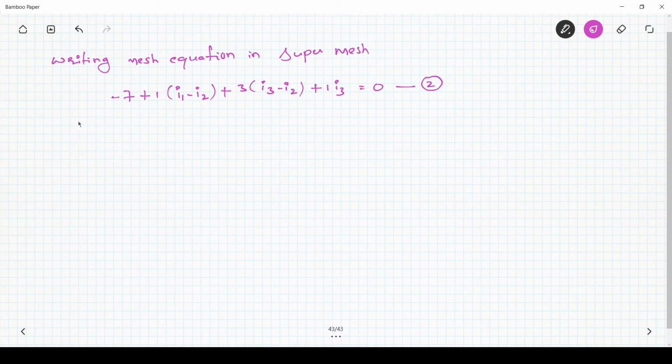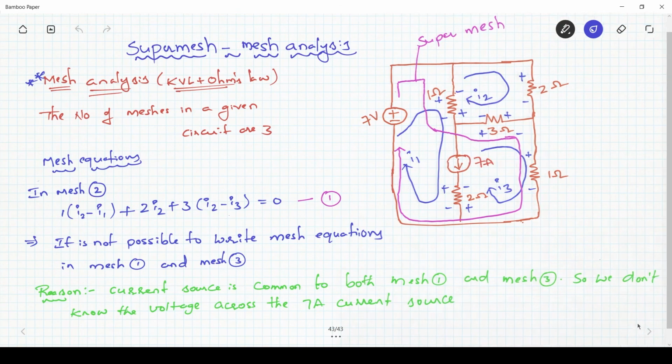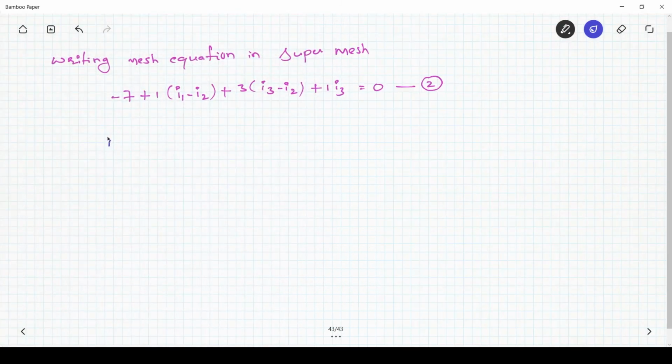But we have 3 unknown variables, so we need to write a third equation. Where will we get this third equation? Here, see, the 7 amp is the resultant of I1 and I3. So I1 minus I3 is equal to 7 amps.